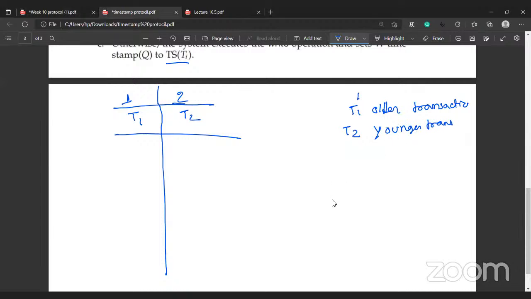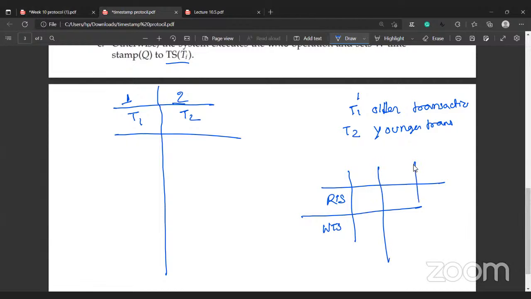So we'll have the read timestamp and the write timestamp, RTS and WTS. Okay. Suppose there are two data items A and B. So initially, what we'll do? We'll set all of them to zero, right?